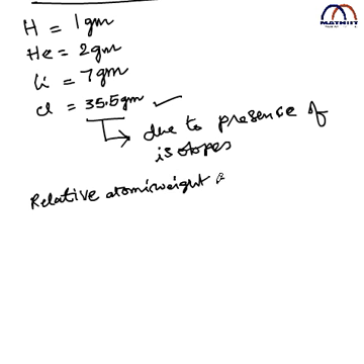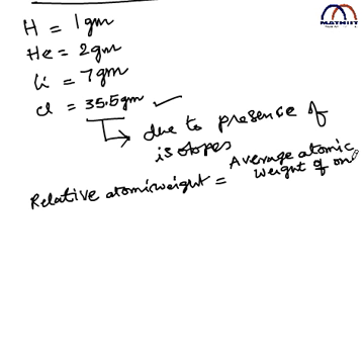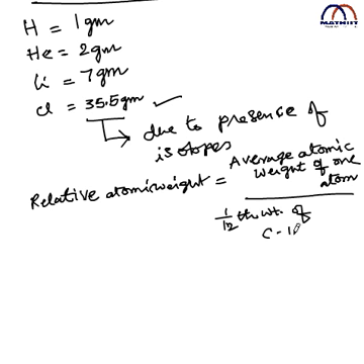is that if that particular element contains more than one isotope, then we should take the average atomic weight of one element, of one atom, divided by 1/12 weight of the C12 isotope, C12 atom.